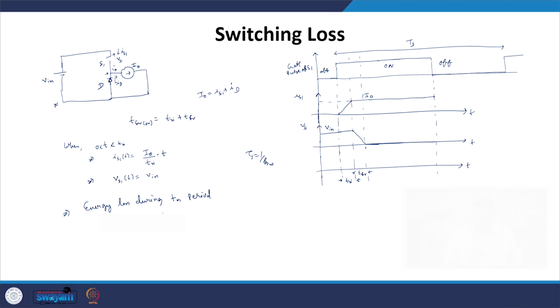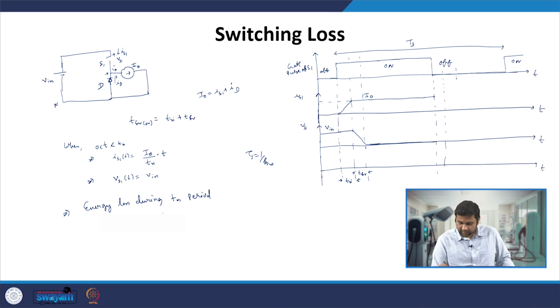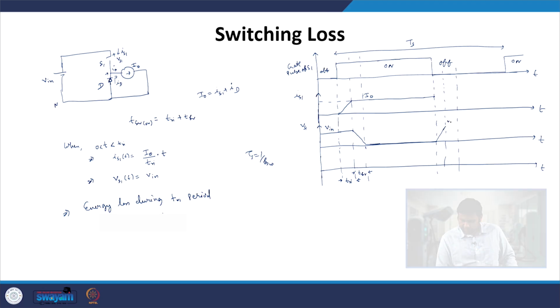When the switch gets turned off, the vice versa happens: the voltage will first rise up to Vin, and only when it reaches Vin will the diode get forward biased.